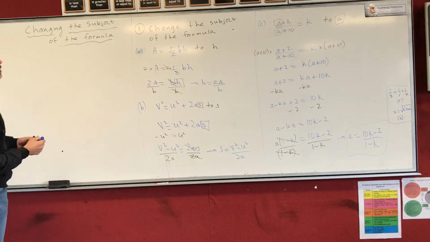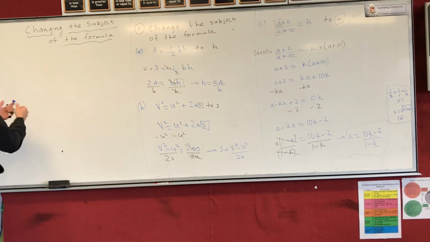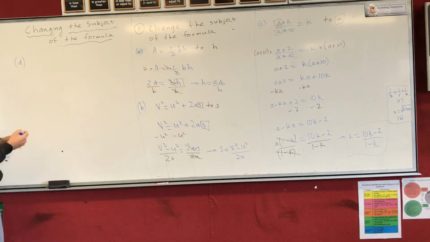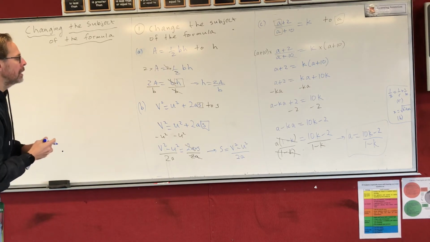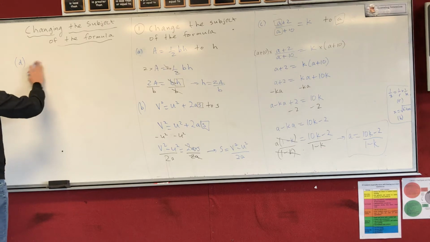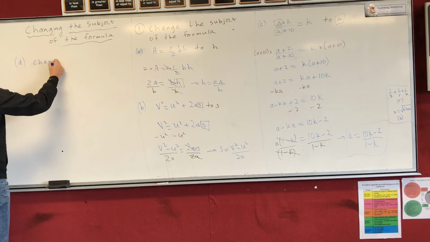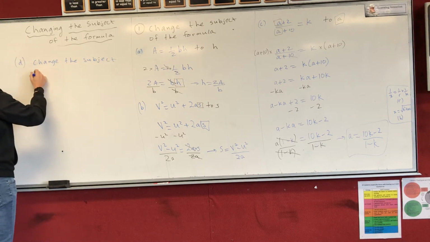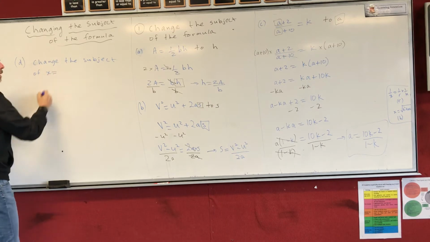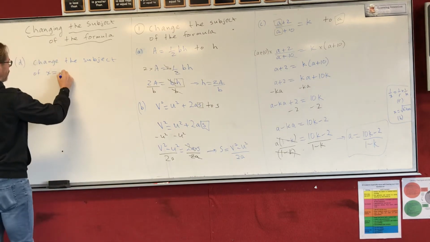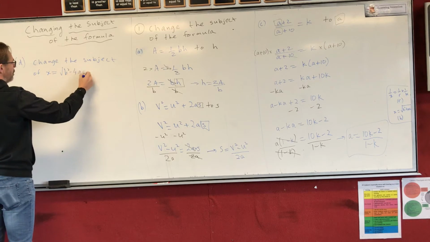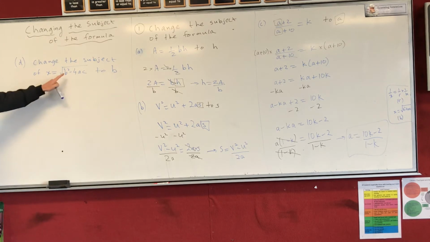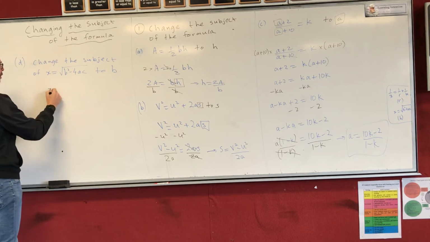Okay, so this will be part D. Change the subject of x equals the square root of b squared minus 4ac to b. Okay. So we want to make B the subject here. Now let's write the question down again.